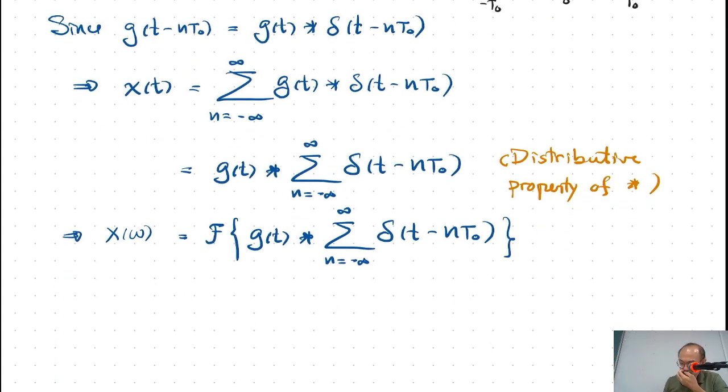So the result will be the product of the Fourier transforms: the Fourier transform of g, which is denoted by capital G of omega, and the other would be the Fourier transform of the summation n from minus infinity to infinity of delta t minus n t0.